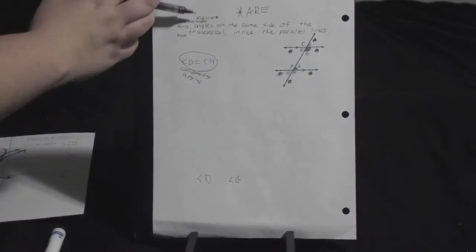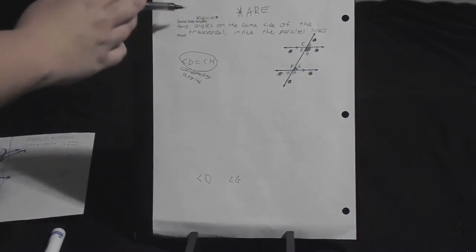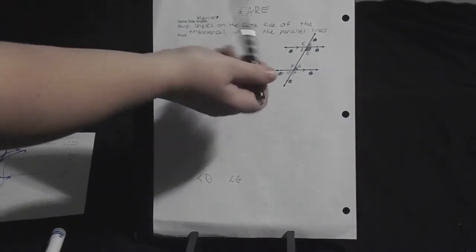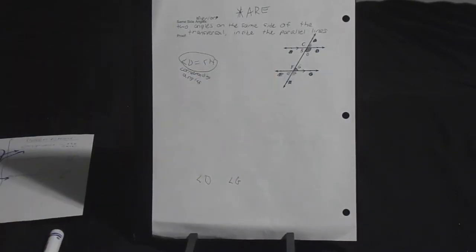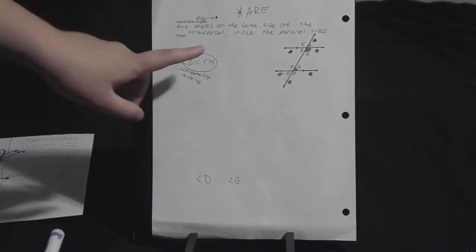I'm sorry, I just realized that the camera was down a little bit, so I just raised it up. I don't know if you saw that I wrote interior up here for same side interior angles, and then that this R is here so that later when we figure out what they are, we can add that in there. So, where we're at is that D equals H, or they're congruent because they're corresponding angles.